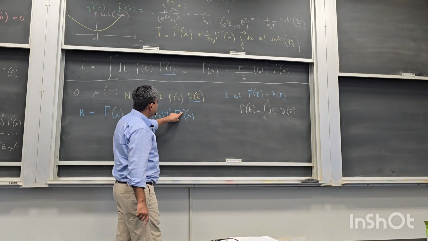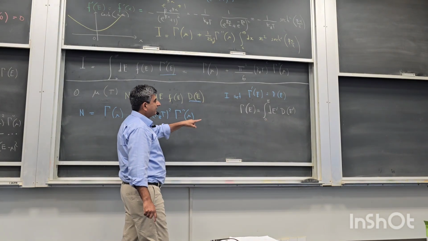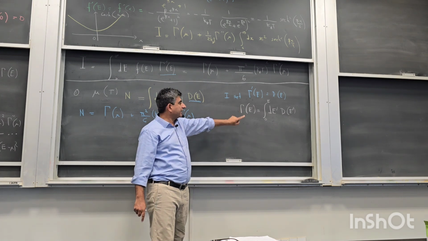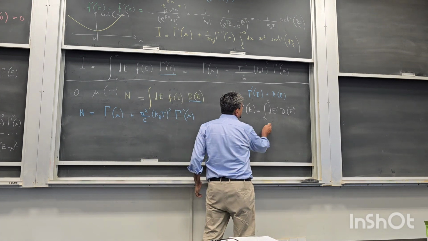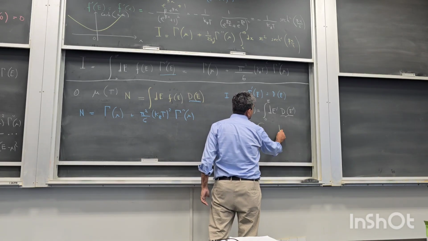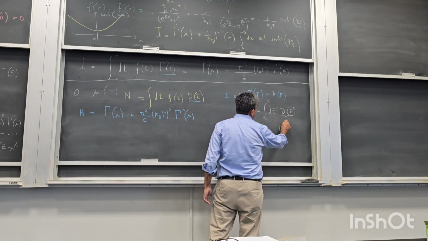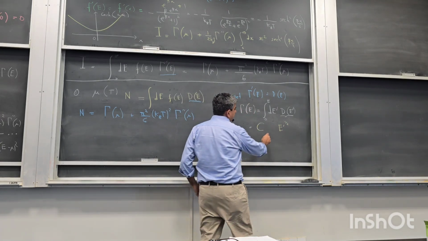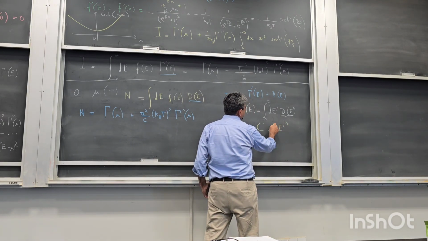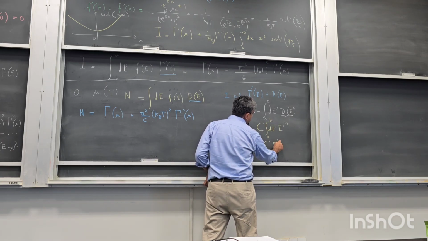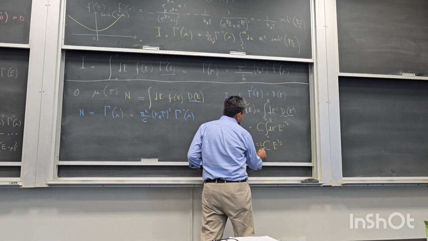Since I need a double derivative of gamma with respect to energy, I need to compute gamma at E. So my gamma at E is going to be, I know that my density of states is C E prime to the 1/2, some constant C, dE prime from 0 to E. This becomes E to the 3 by 2 and a 2 by 3 here.